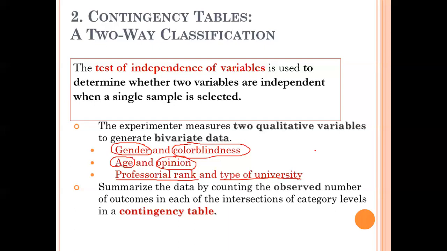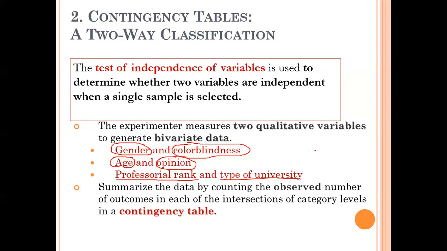Also, we use the ANOVA test when we want to make a comparison of population means. But we use chi-square when we want to conduct a test for population proportions. So that is the difference between ANOVA and chi-square.